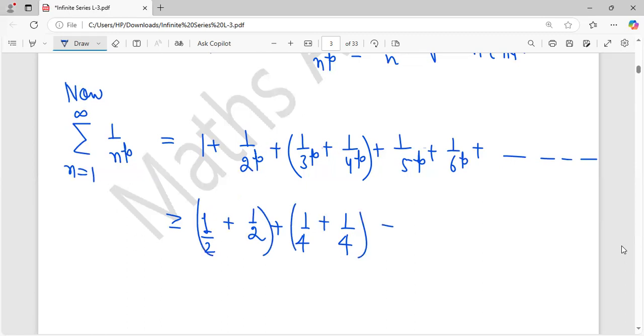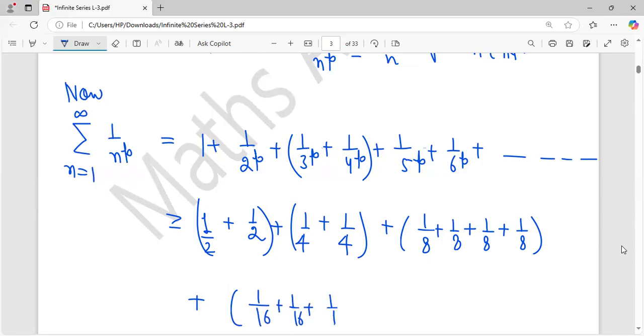Then I will combine 1 upon 8 plus 1 upon 8, and then 1 upon 16 eight times, because in place of 1 I can put 1 by 2.